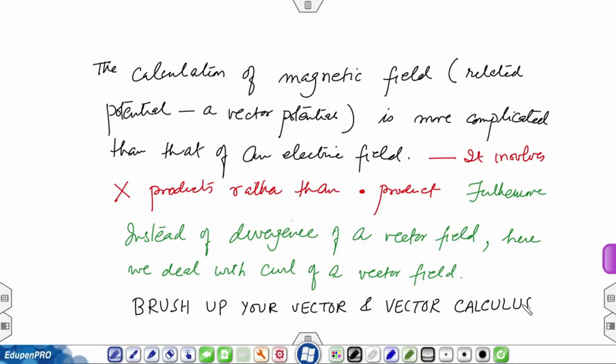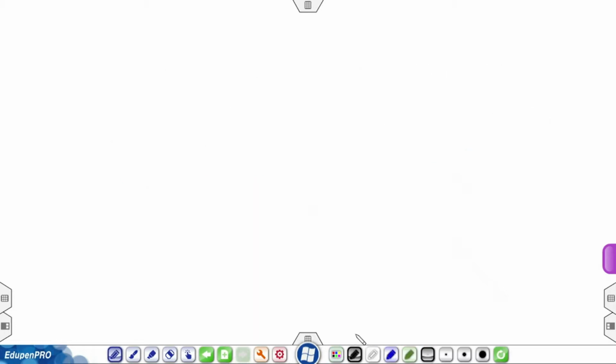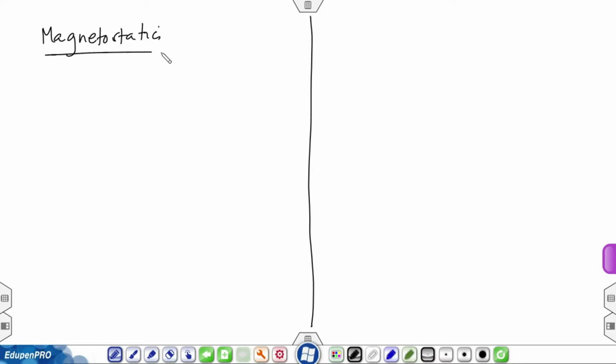So, to begin with, the counterpart of Coulomb's law in magnetostatics is Biot-Savart law.